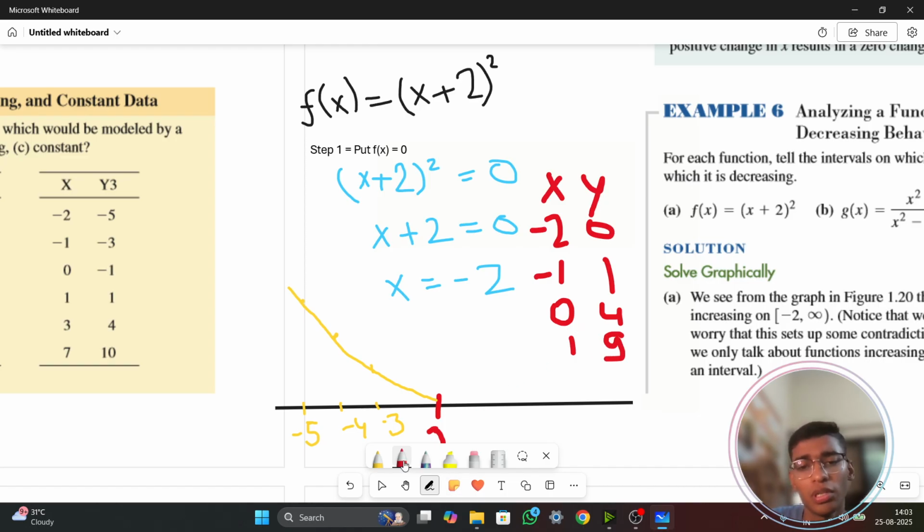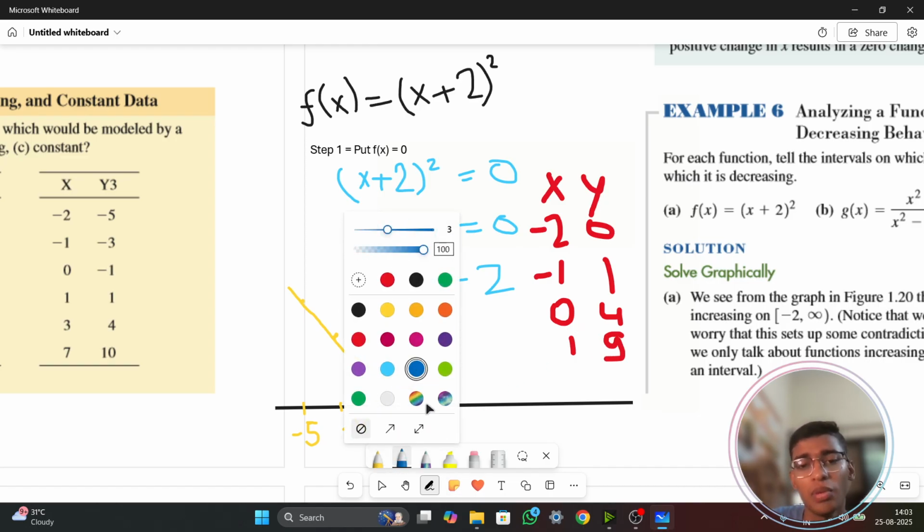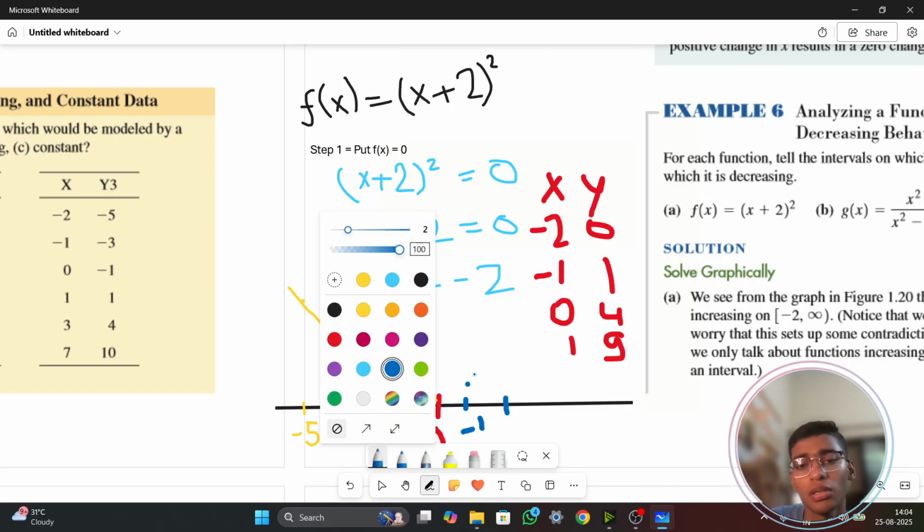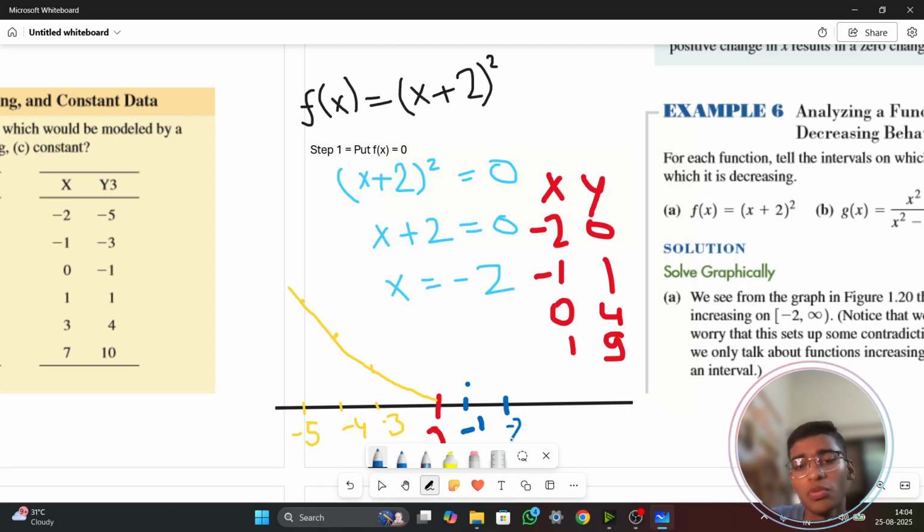Now let's plot what is exactly happening here. For my minus 1, I am getting 1 here. For my minus 2, I'm sorry, I'll be having a 0 here.